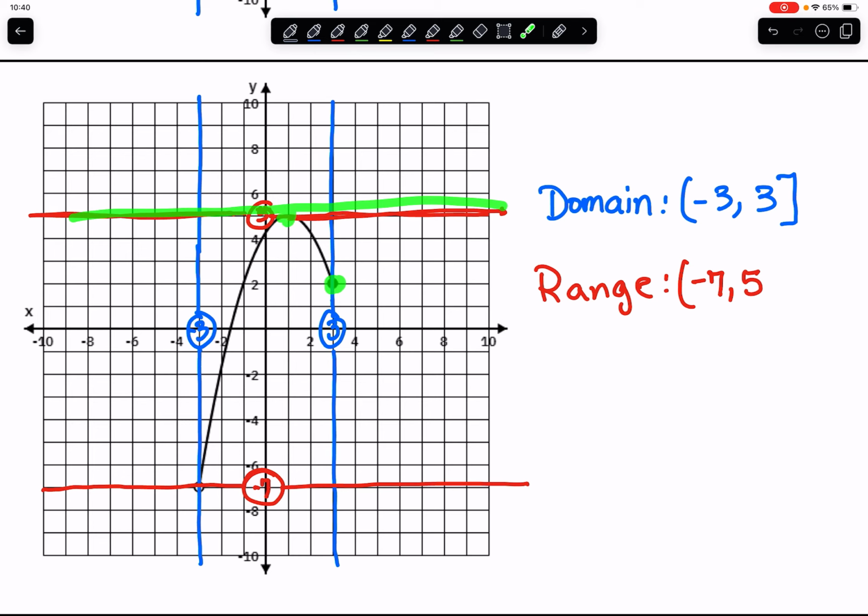Because this point is not indicated with an open circle, we have to assume again that this is a closed dot. So it's going to be included, and that's represented with a bracket. So another half interval for this example.